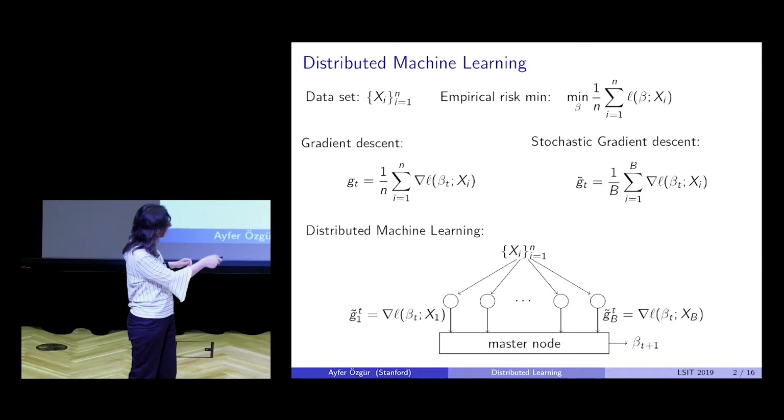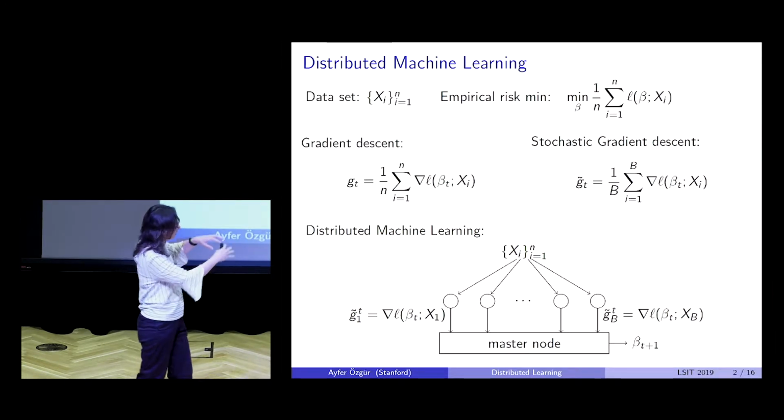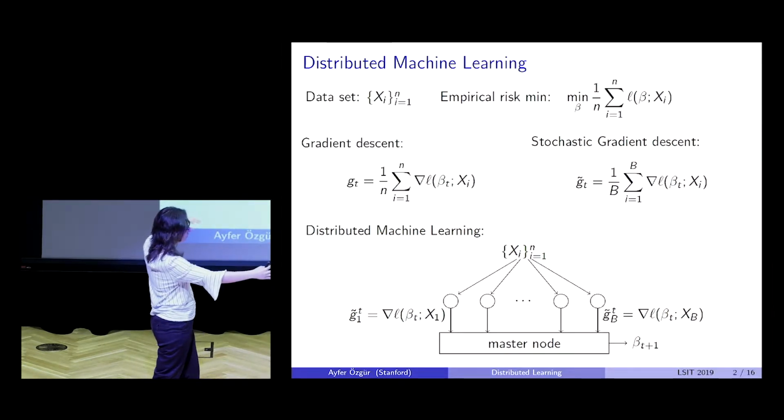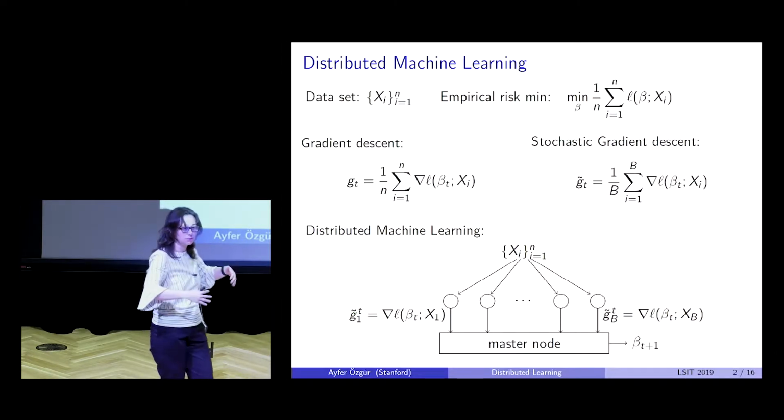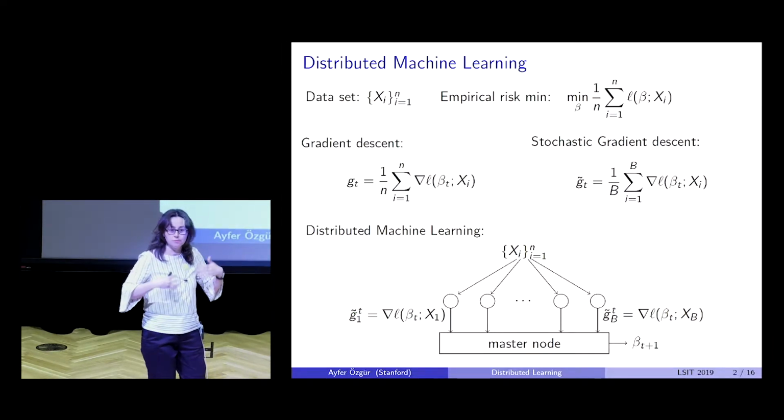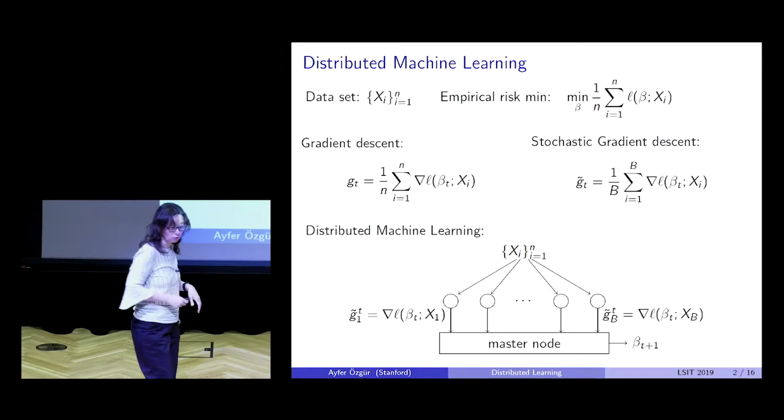They can communicate these gradient vectors to a central node, which can compute the average, and you get this stochastic gradient. But now, because you're doing big computations in parallel, you can potentially speed up the computation by a factor of B with this approach.